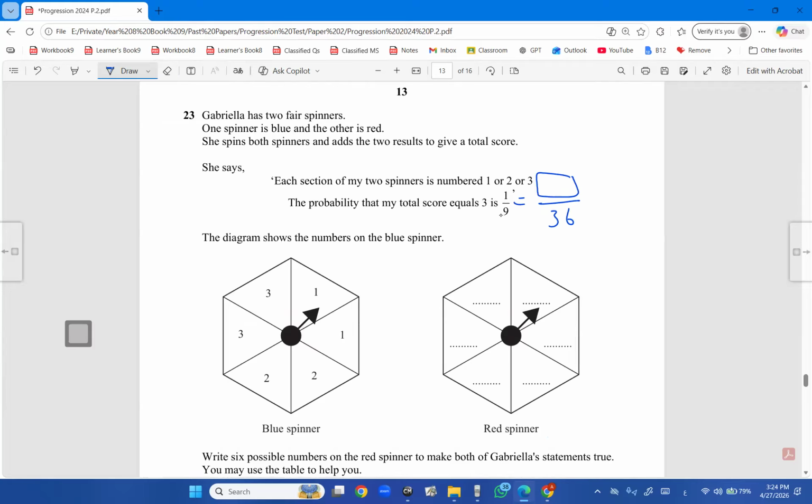1 over 9 is the same as what over 36? We multiply the 9 by 4, then you multiply the 1 by 4. It is 4 over 36. So again, the probability that my total score is equal to 3 is 4 over 36.